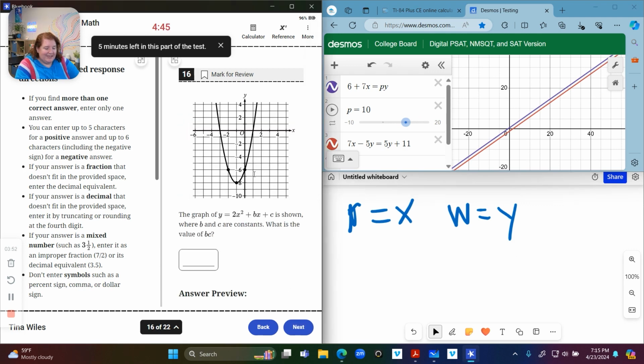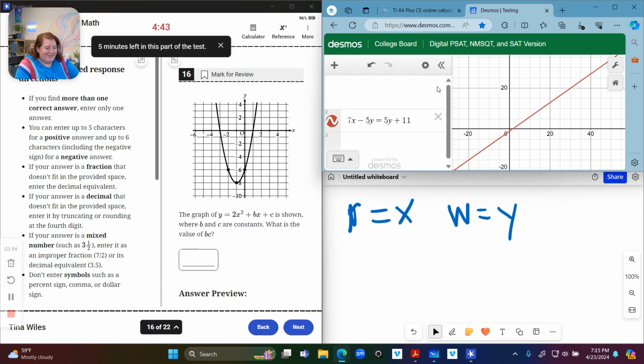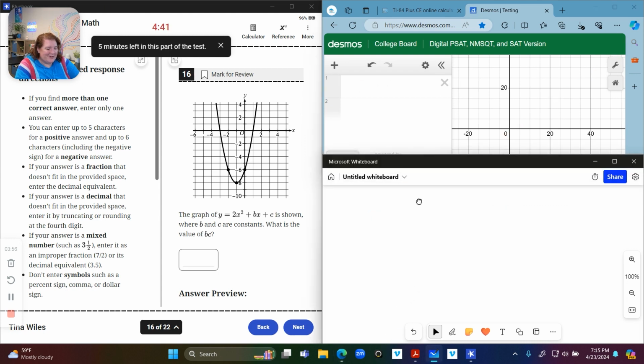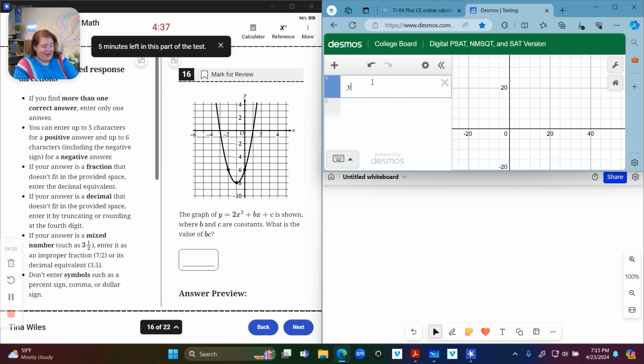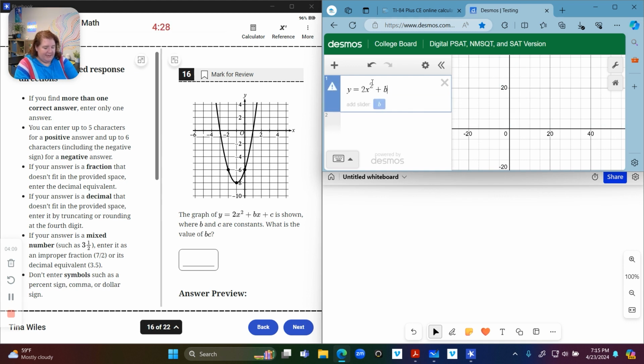Number 16. Seeing why I love the slider so much? It makes it so easy. Okay, the graph. Oh, y equals 2x squared plus bx plus c is shown.